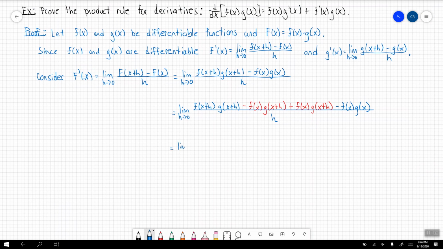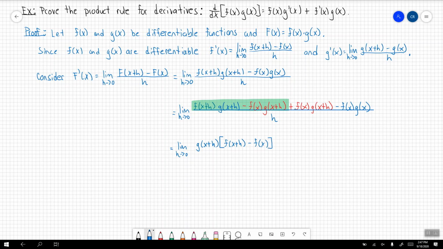When we group these factors, in the first two terms I'm going to factor out what they have in common, and what they have in common is g of x plus h. So for that first term, g of x plus h multiplies f of x plus h minus f of x.